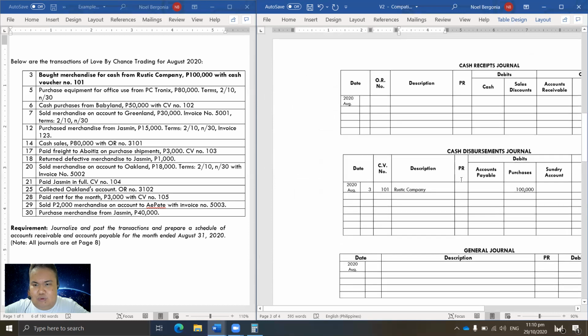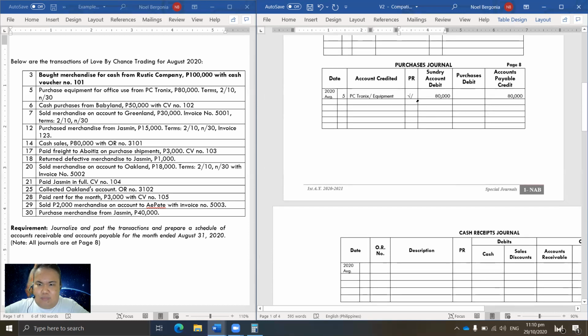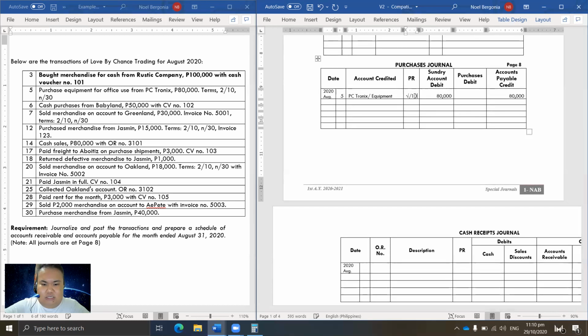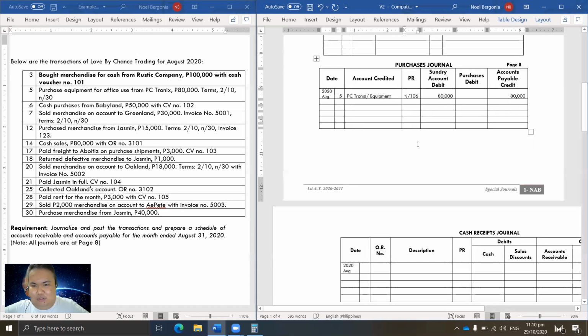So we need to put here the posting reference for the equipment na 106. Very good. So ibig sabihin, we have already posted it to our subsidiary ledger, yung check mark. And also, we have posted it on account number 106, which is representing our equipment. So that's how it works for the transaction on August 5.